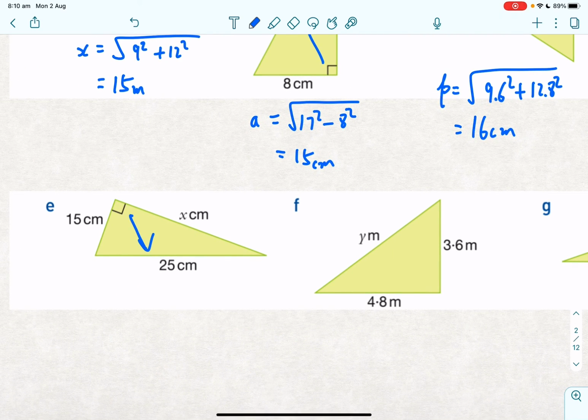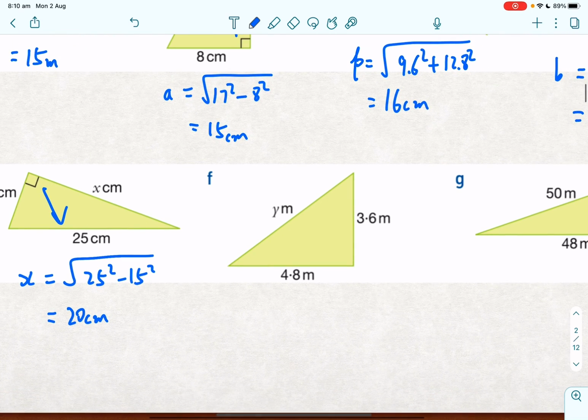That's a number, so I'm minusing. Obviously use the biggest one minus the smallest one. It's not given, but they should indicate that it's a right angle triangle.